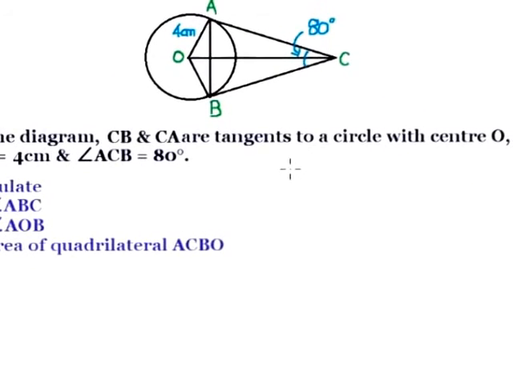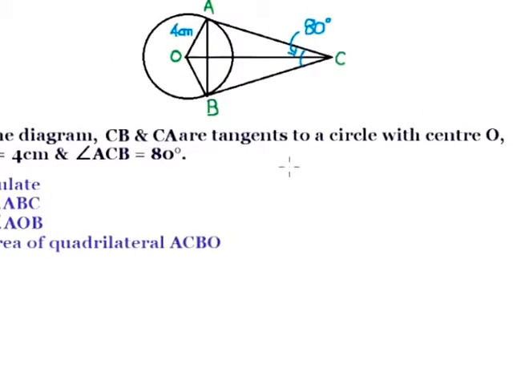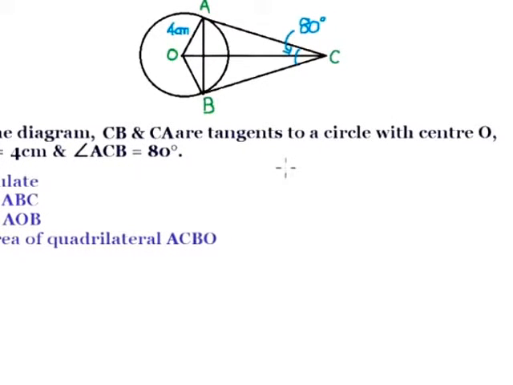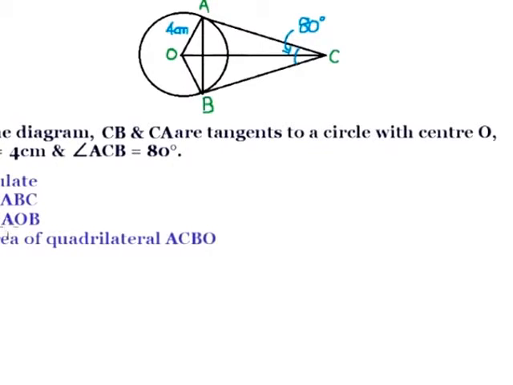The following question is an example that requires you to use all three aspects mentioned to solve the problem. In the diagram, CB and CA are tangents to a circle with center O, and OA equals 4 cm. And the angle ACB equals 80 degrees. Calculate the angle ABC.